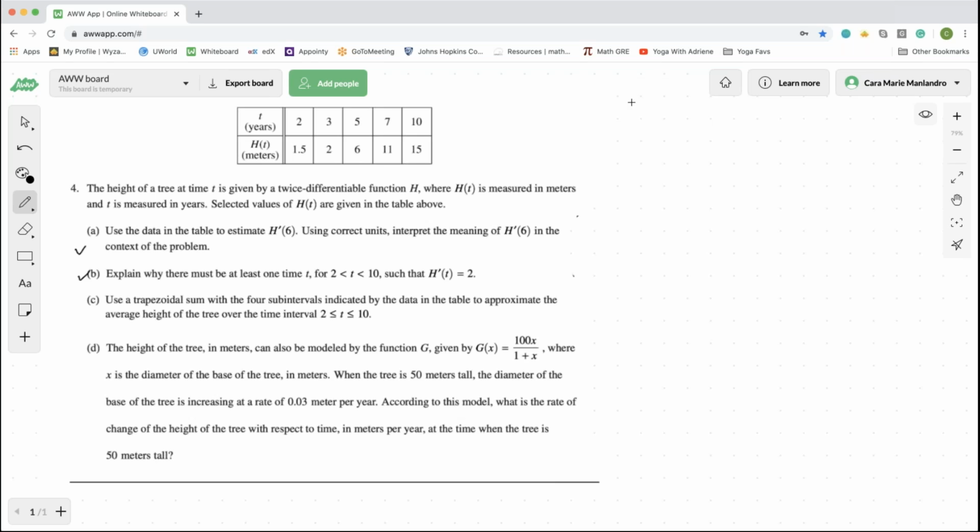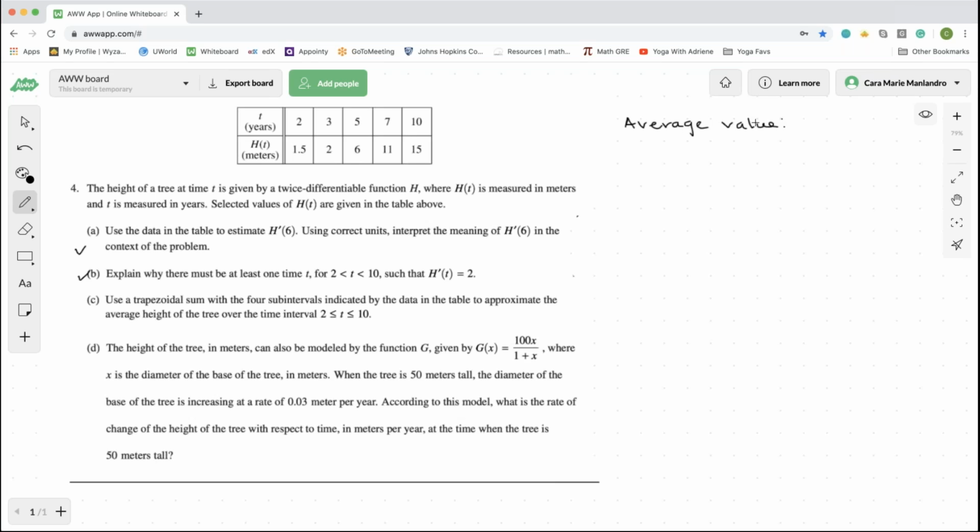Okay, use a trapezoidal sum with 4 intervals to approximate the height of the tree. All right, so let's remember what the average value is.